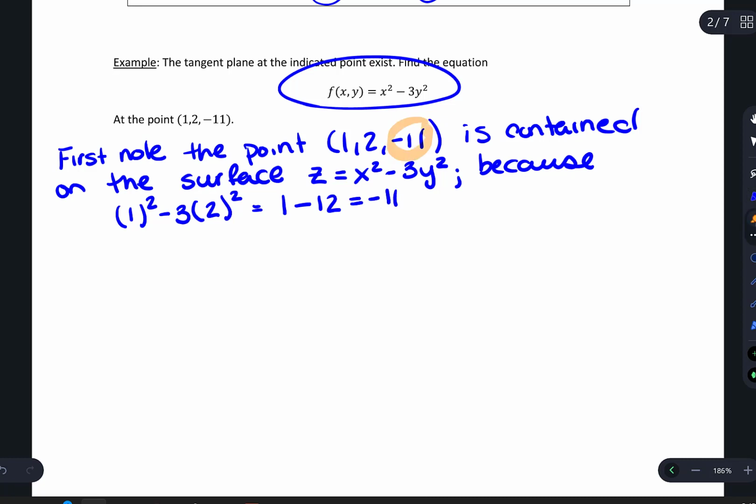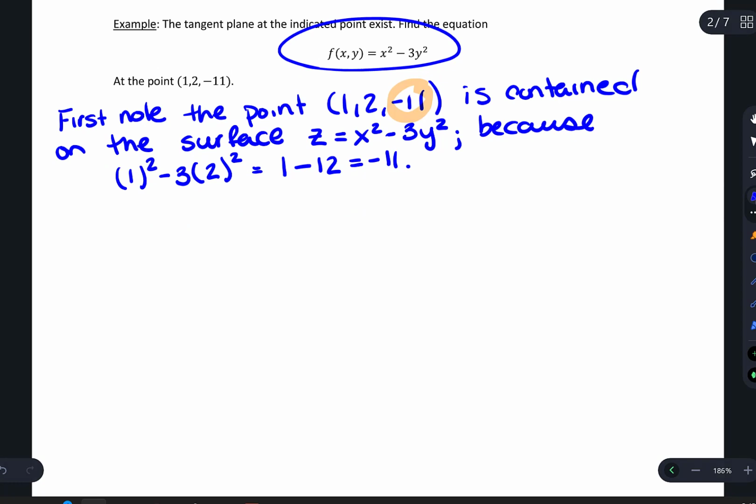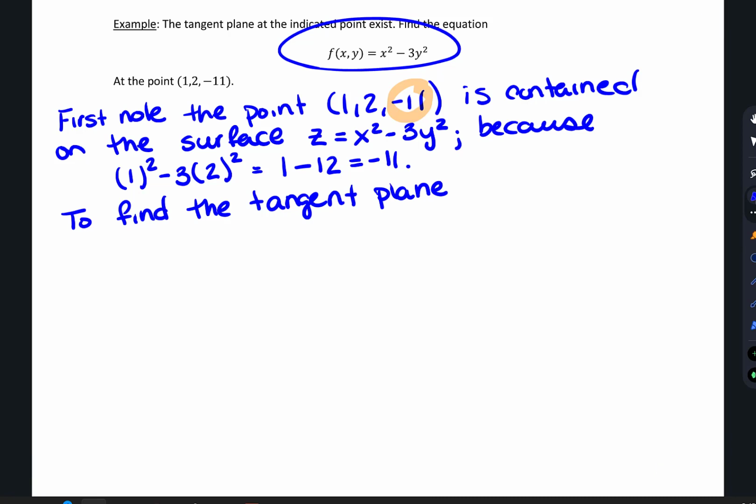You can see here we have the negative 11 for the z. So we know that this point is on that surface. To find the tangent plane, we need to calculate those two partial derivatives.